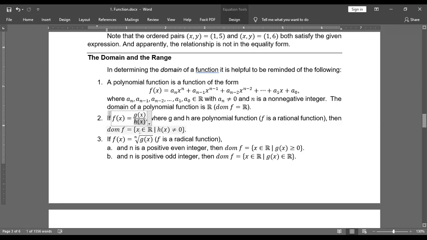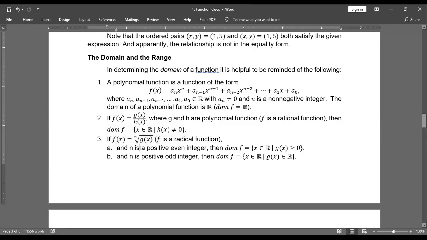So the domain, as I told you, is a set of all real numbers and we have to omit the value of x where the function can be undefined. So tatanggalin natin sa set of x. And for number 3, we have the radical function. Now we have two cases here.